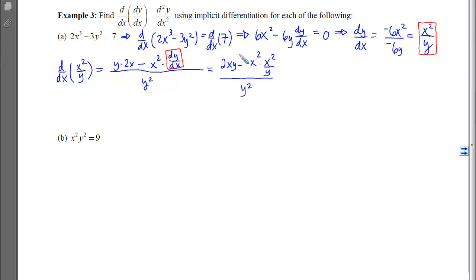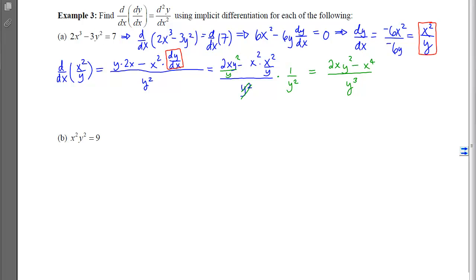How we can do that is get a common denominator on the top, and then realize that dividing by y squared is the same as multiplying by 1 over y squared, which would give us a 2xy squared minus an x to the 4th. And on the bottom, I will have a y times a y squared, which is a y cubed.